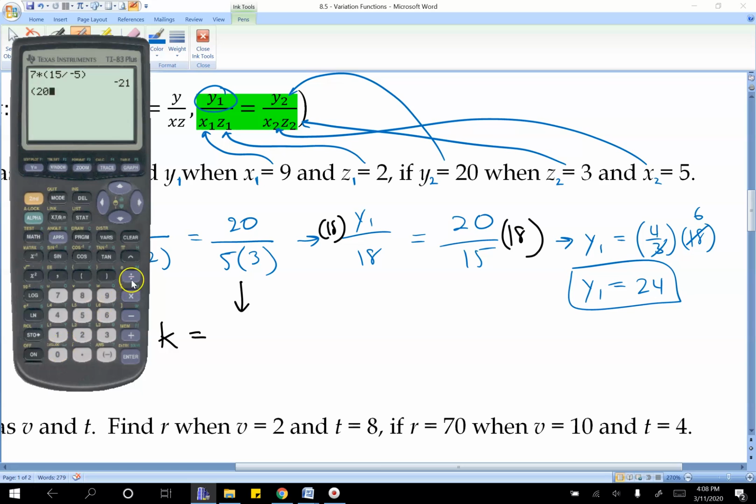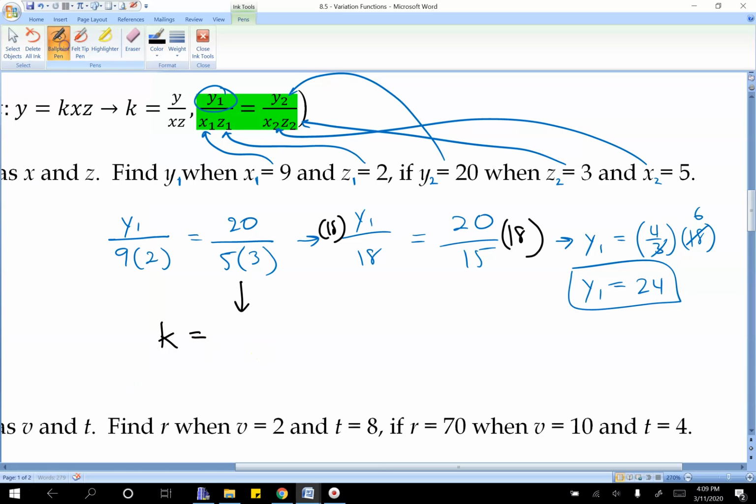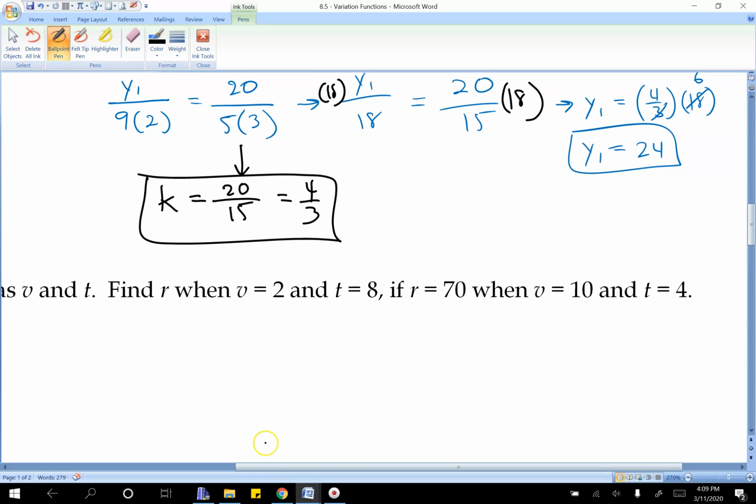So 20 divided by 15 times 18. Yep, 24. Alright, in terms of k here, we just go ahead and reduce, so this is 20 divided by 15. We did that earlier, so it's going to be 4 over 3. That's our k. Alright, I want you guys to pause and try the next one here.